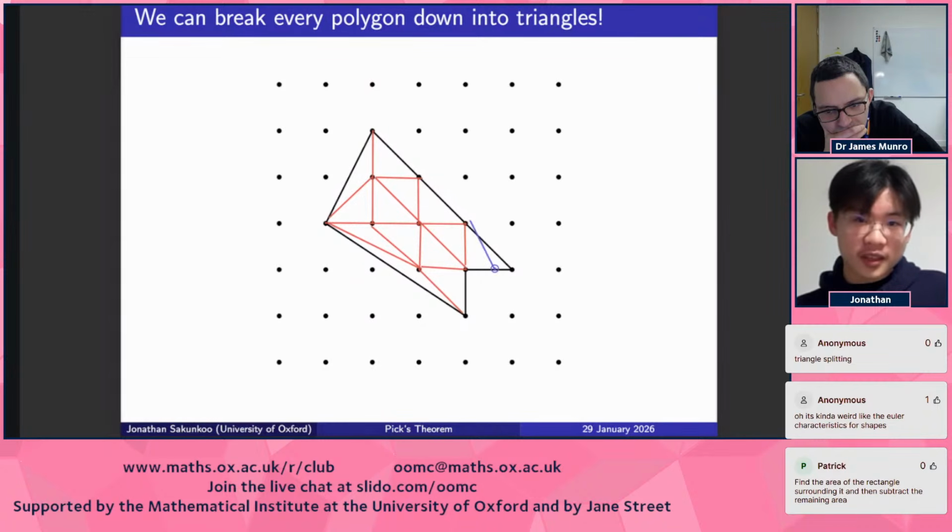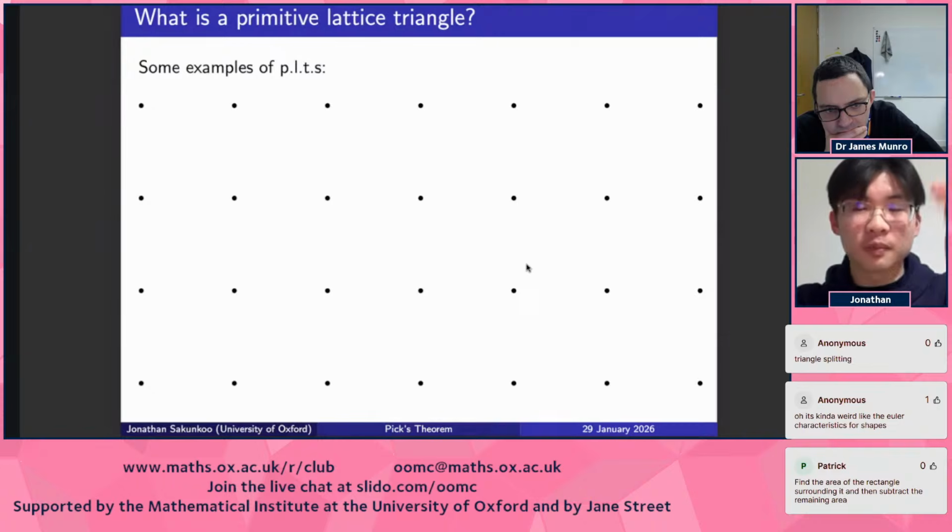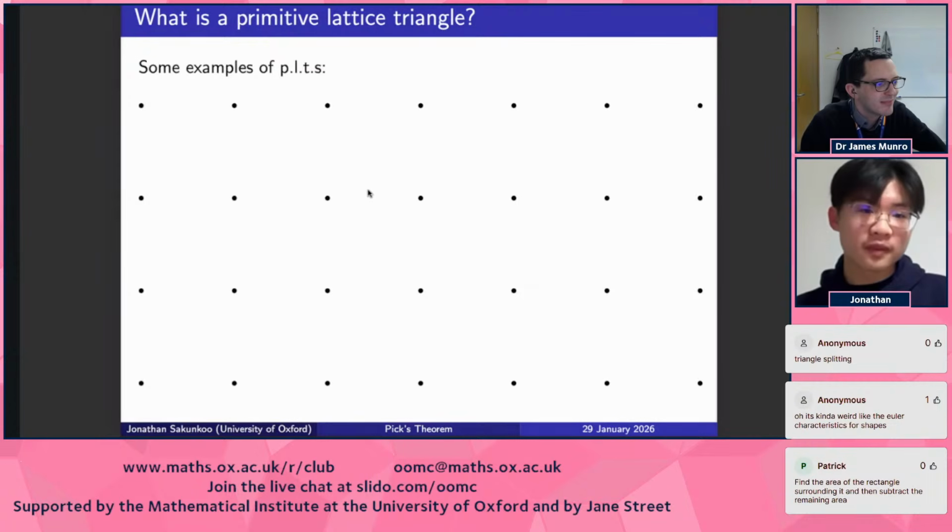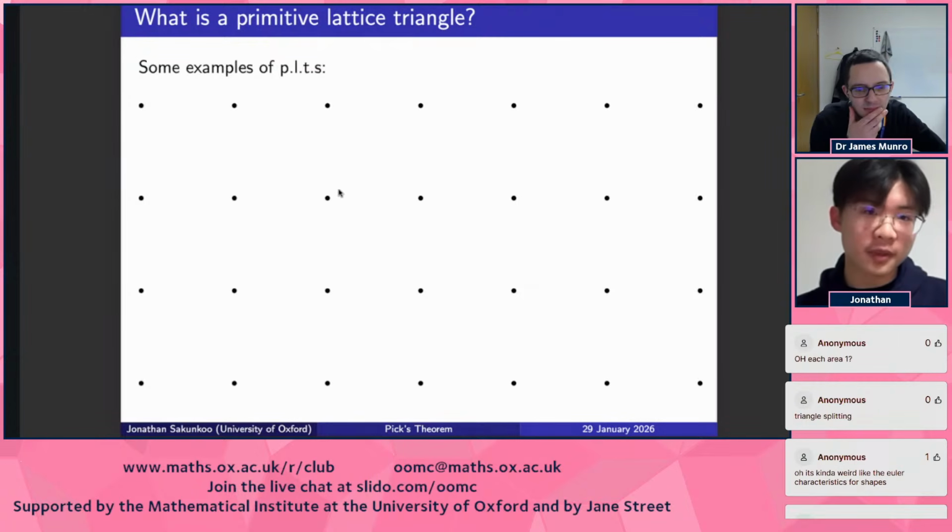Now, these triangles, they have a name. They are called primitive lattice triangles, and that might seem like a big word, but actually, what a primitive lattice triangle is, basically, it's a triangle with no points on the inside and no points on its boundary except its corners.